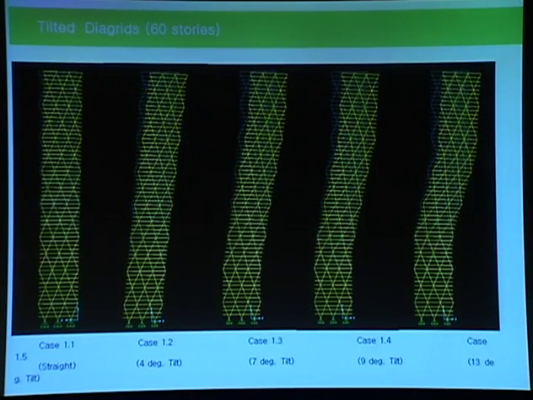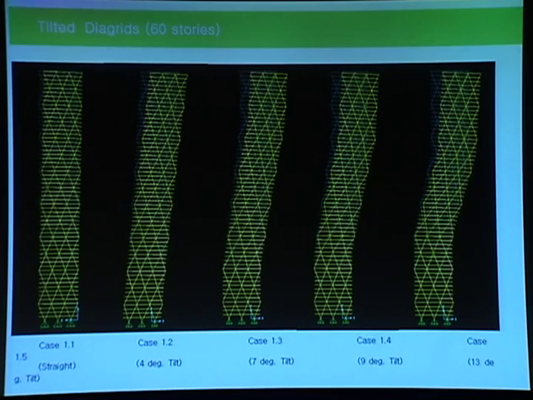A very similar study was carried out with the tilted buildings employing diagrid structures. The first one is the straight prismatic diagrid tower, and the second one is without any floor offset. It's very similar to the Gate of Europe Tower or the Las Vegas tower in terms of geometric configuration. Of course, the towers I previously showed did not use diagrid structures for their structural system.